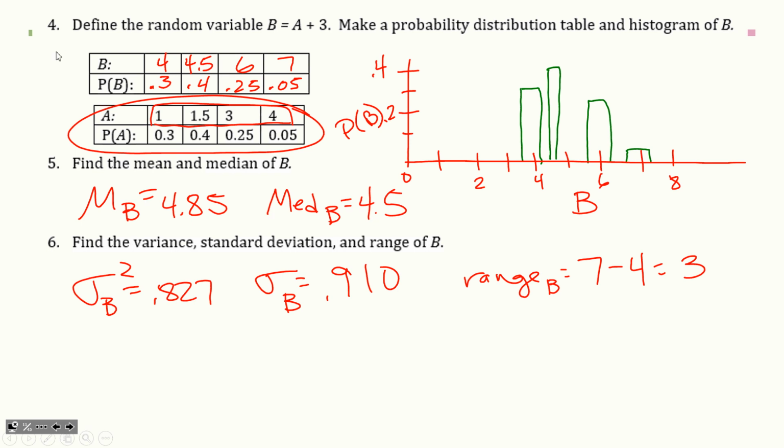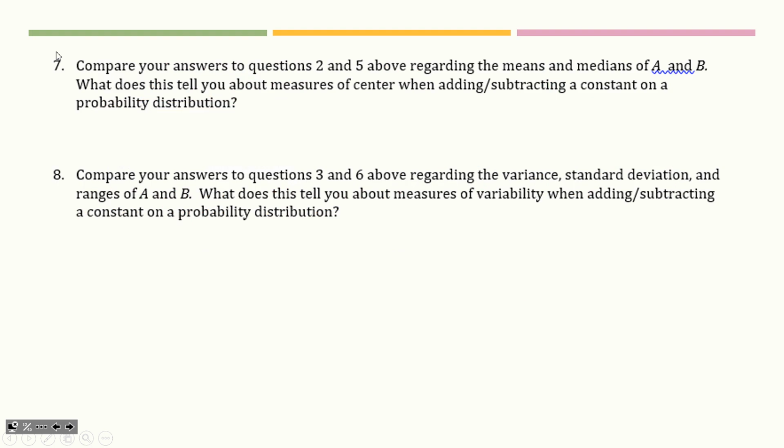So in summary, take a minute, pause the video, and think about how you can compare your answers for random variable A to your answers about the random variable B. And these answers should feel really similar, like I said before, to exactly what happened in chapter 2. So what happens with the raw data happens again when we're adding or subtracting a constant to a random variable.